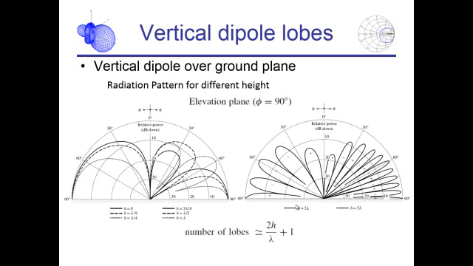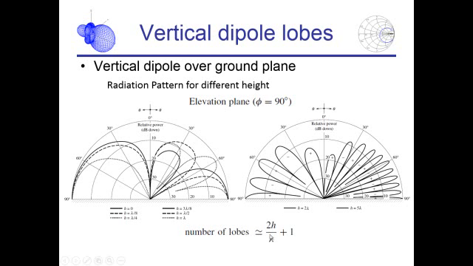Okay, so the most important thing that I want to point out here is that whenever you have a vertical dipole and you place it above a perfect ground plane, you'll start forming what is called scalloping.